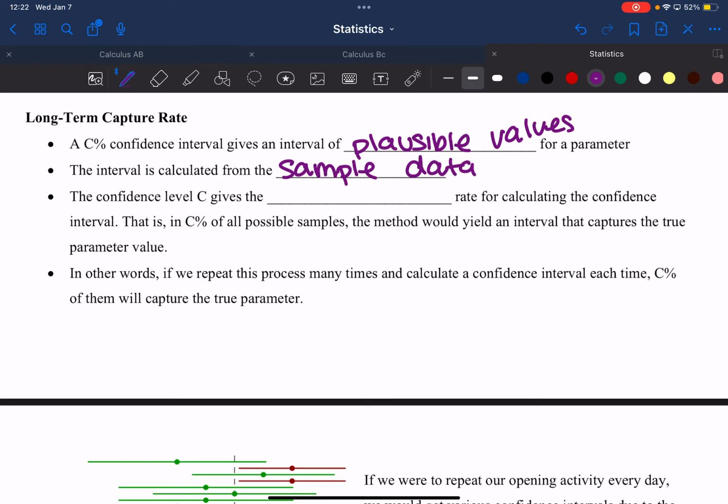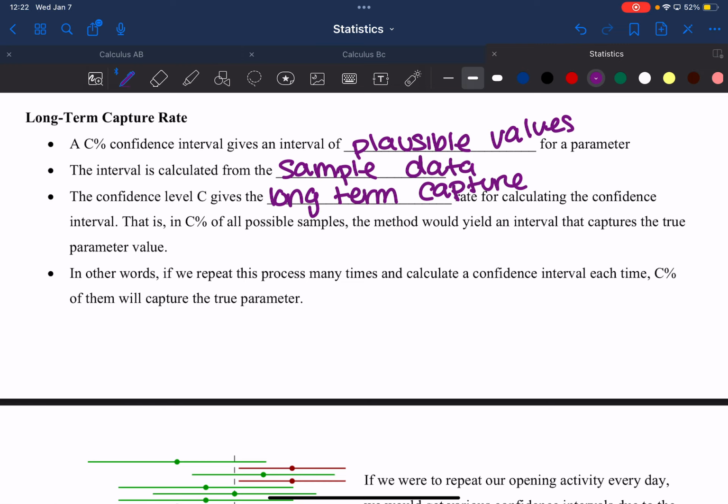The confidence level C gives the long-term capture rate for calculating the confidence interval. What that means is that the confidence level of all possible samples is going to give us the most accurate interval to capture the true parameter value.